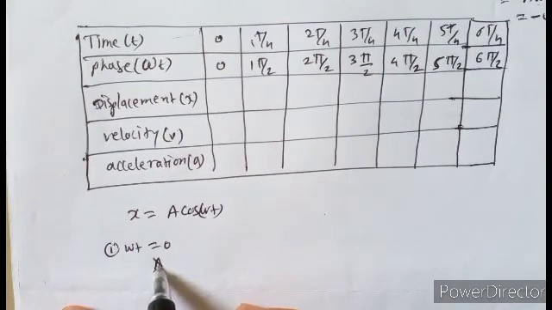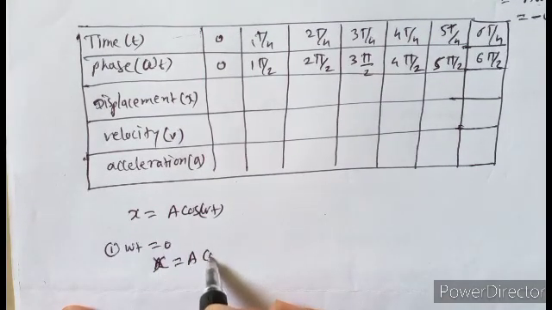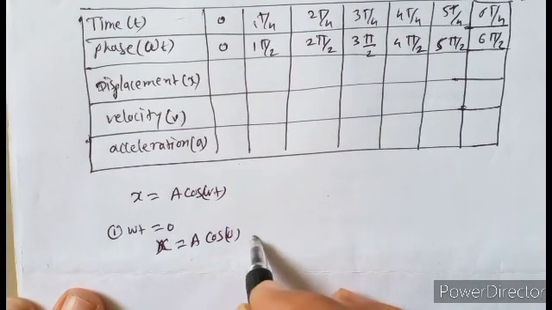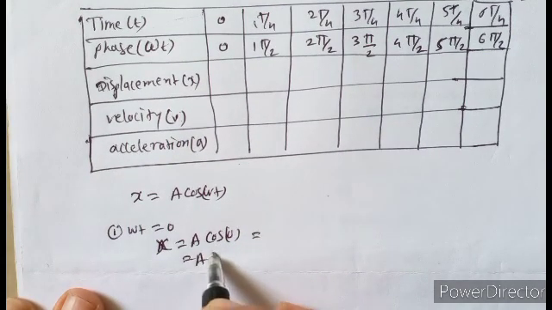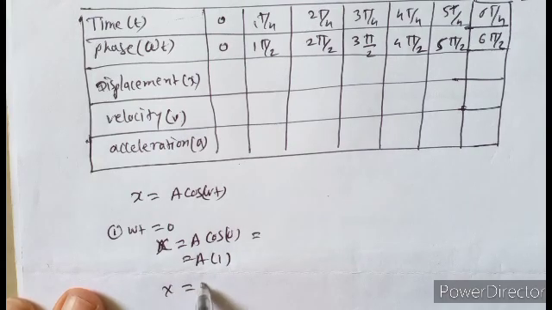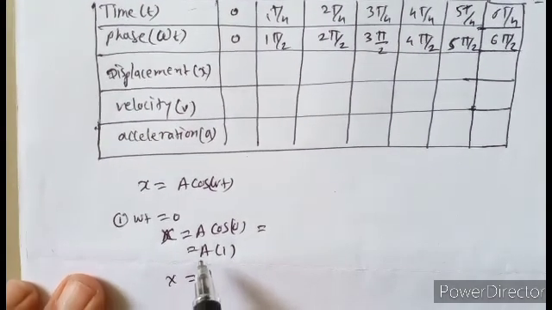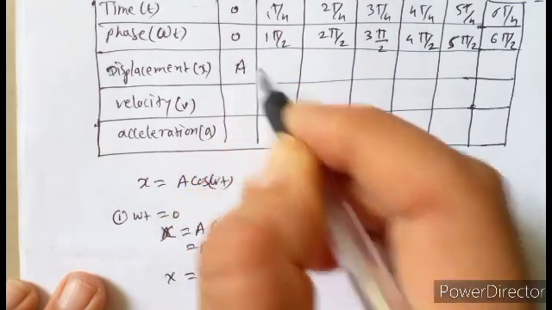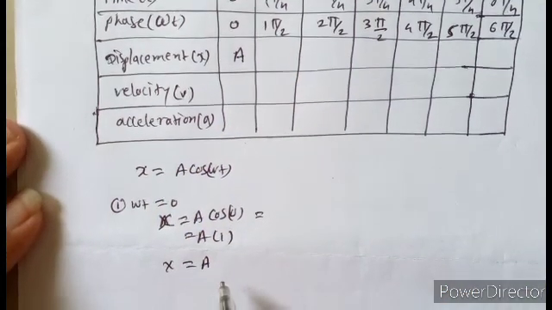So x is equal to a cos 0. Cos 0 is 1, therefore a into 1. So x is equal to a. So we get the first value, for omega t equal to 0, as a.